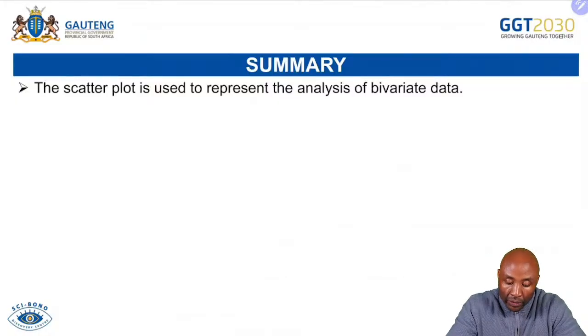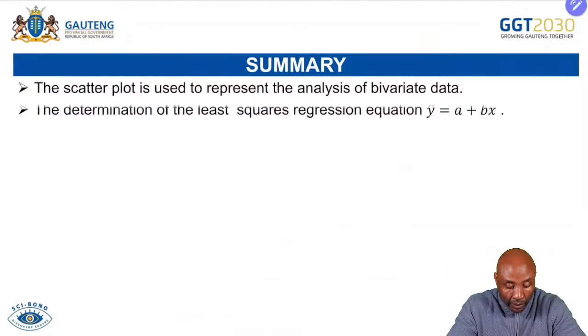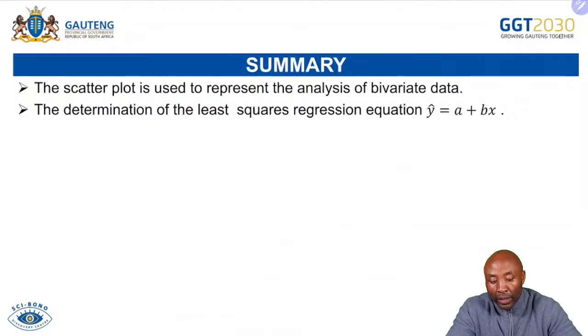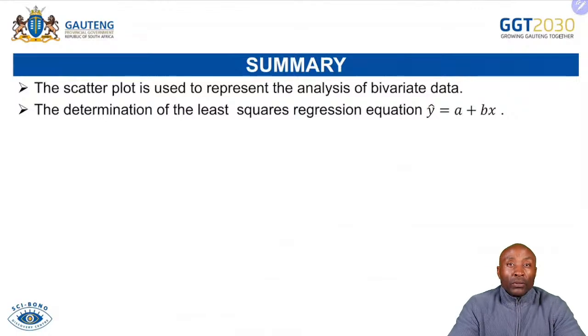The scatter plot is used to represent the analysis of bivariate data, meaning we are looking at 2 variables. We are analyzing the data using 2 variables. So the determination of the least squares regression equation, we must know how to determine the equation using our calculators. Y is equal to a plus bx.